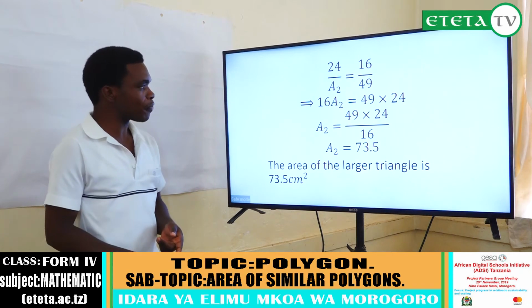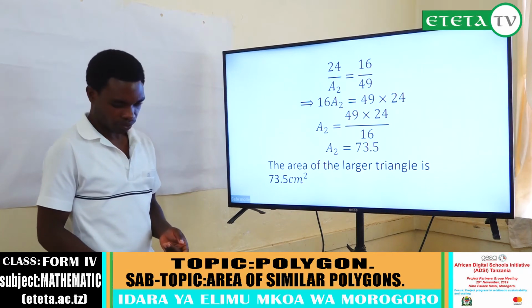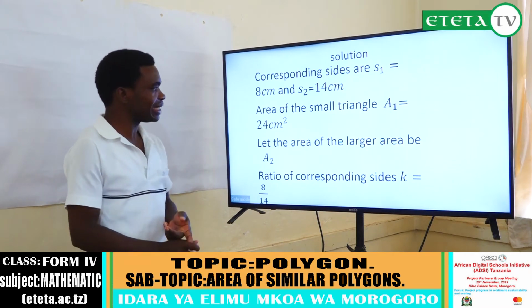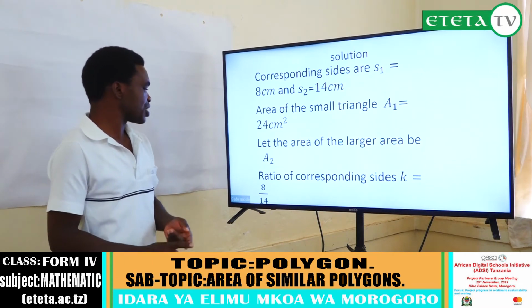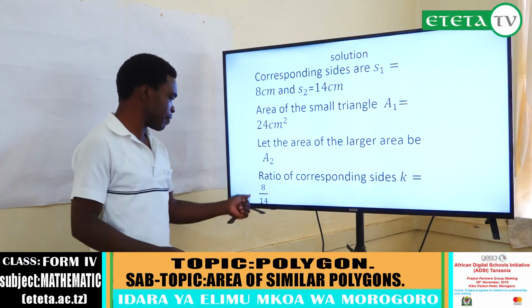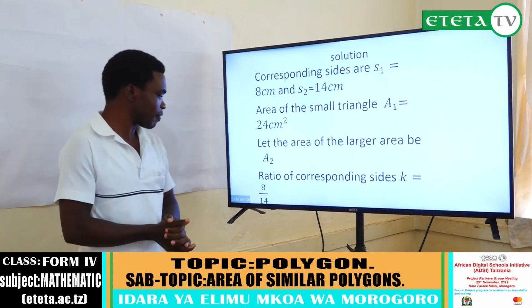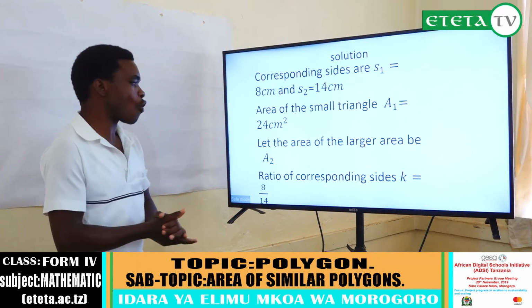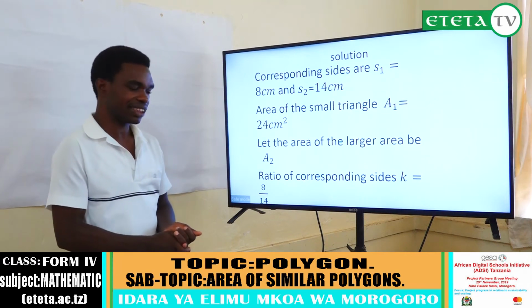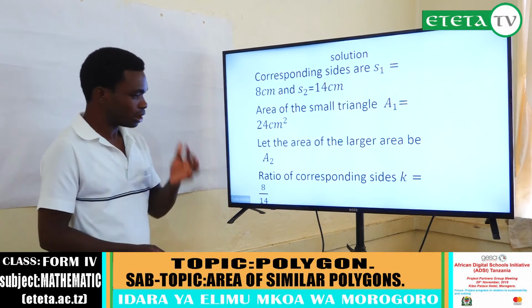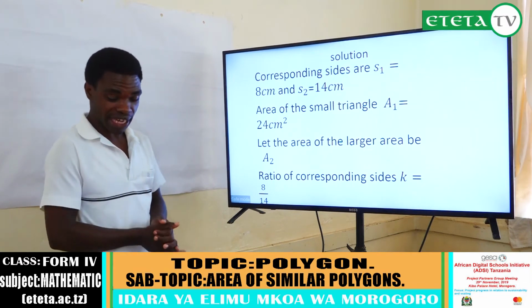Now, the ratio of the areas, we know that it will be K squared. Working on this, if we simplify 8 over 14, we get 4 over 7. Squaring 4 over 7, we get 16 over 49.